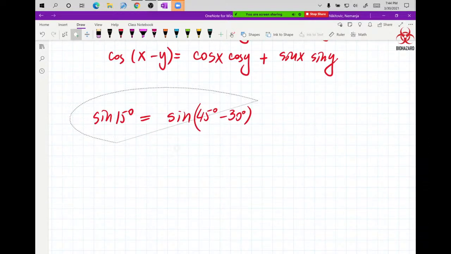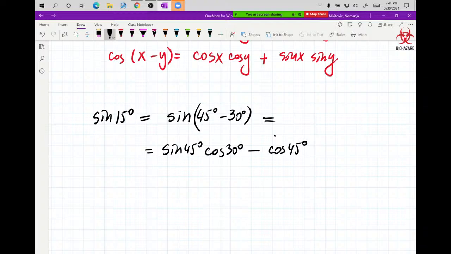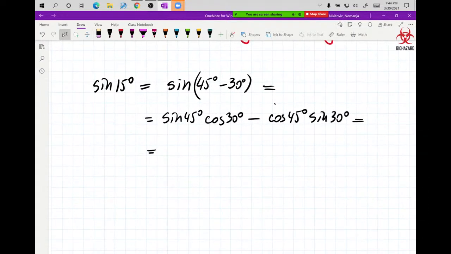So that's going to be sine 45 degrees, cosine 30 degrees, keep the same sign, and then cosine 45 degrees, sine 30 degrees. And now all we need to do is to populate these values. Sine of 45 degrees is root 2 over 2.